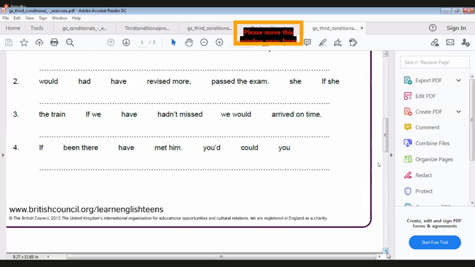Tarinda? No, it should be if you had been there. In the if clause, what is the sentence structure, Tarinda? If plus subject plus, what is the tense? Is it simple past?